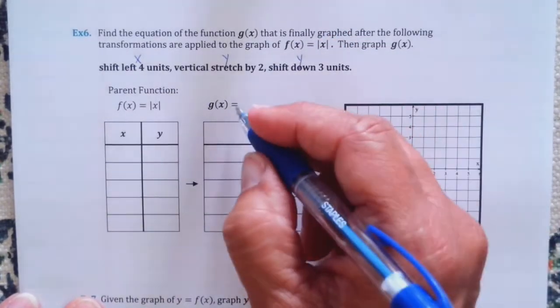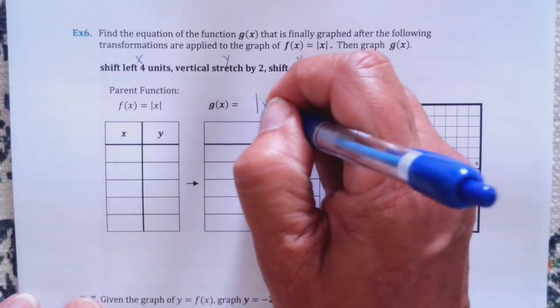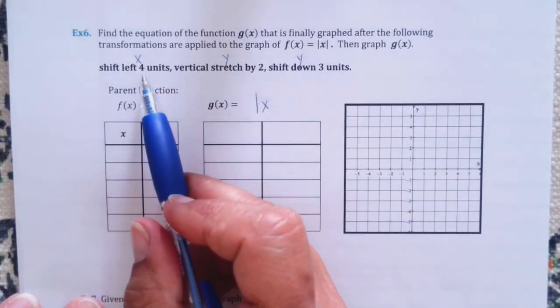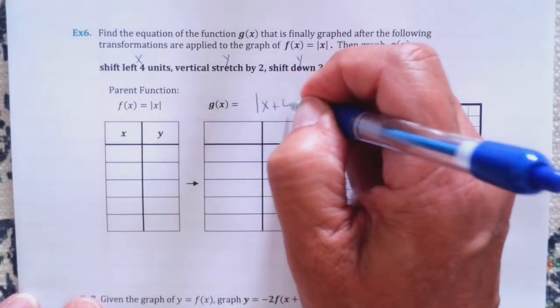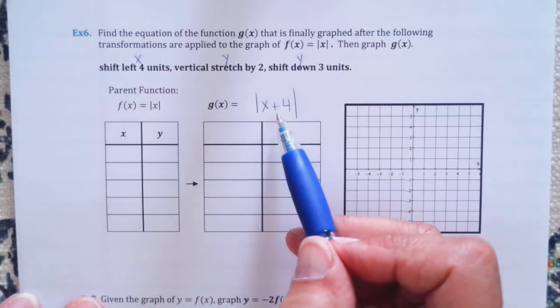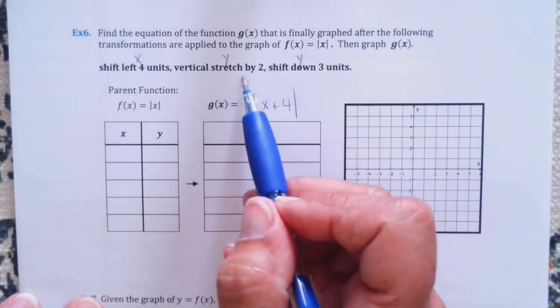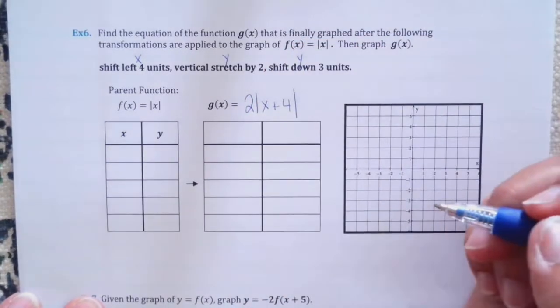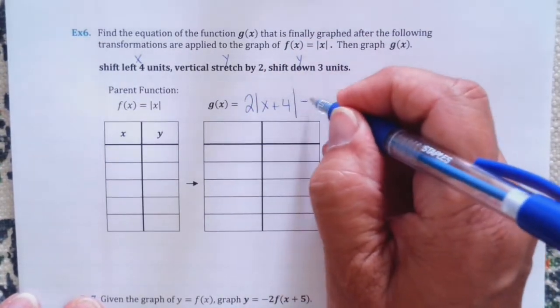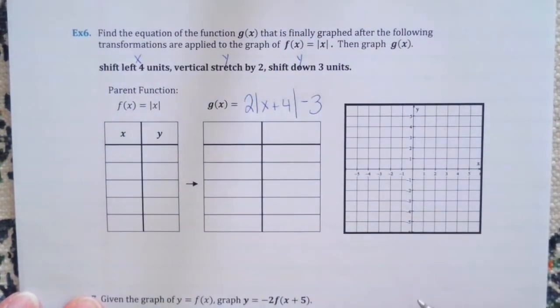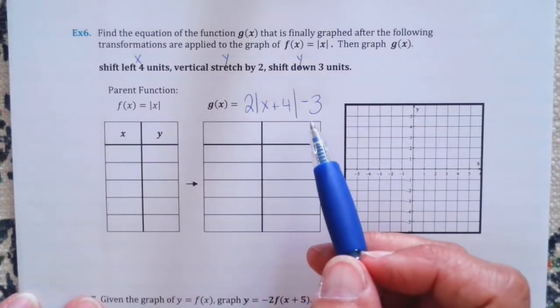All right, so leave a little space, but inside with x, we are going to go left 4. So left would be the opposite, so plus 4. That means left 4. Vertical stretch by 2 would be on the outside, and down 3 would also be on the outside. Okay, so there's our new function.